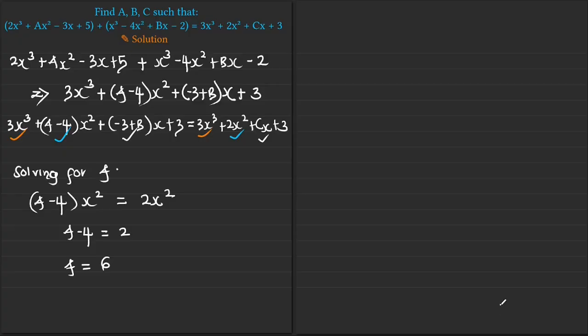How then do we solve for b? So for b, we use the same procedure. Look at the term that contains the b over here. So we have negative 3 plus b. It has a coefficient of x, you see. So negative 3 plus bx should be equal to what we have over here, which is cx.